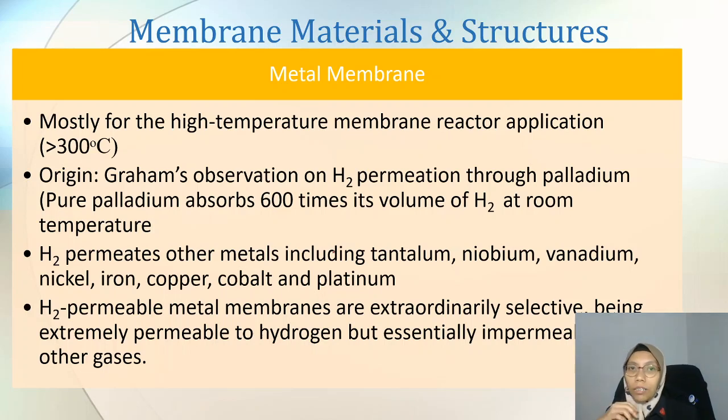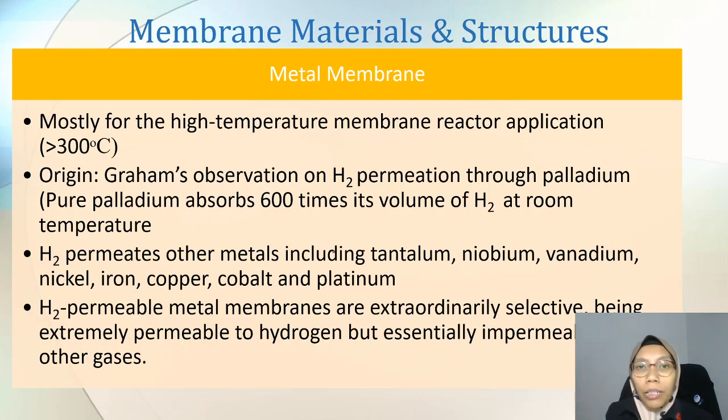We are going to learn about the membrane materials and structure. Basically, there are 4 types of membrane materials. First is the metal membrane. Metal membranes can be used for high temperature and high pressure. They have been used in membrane reactor applications with temperatures higher than 300.